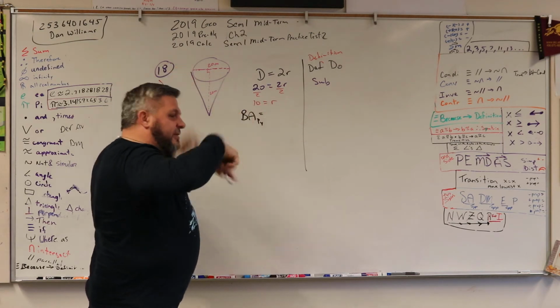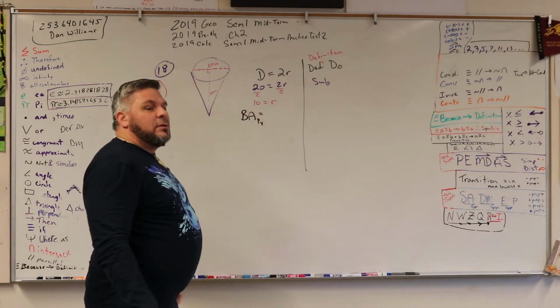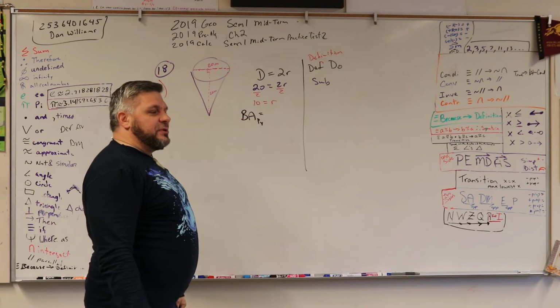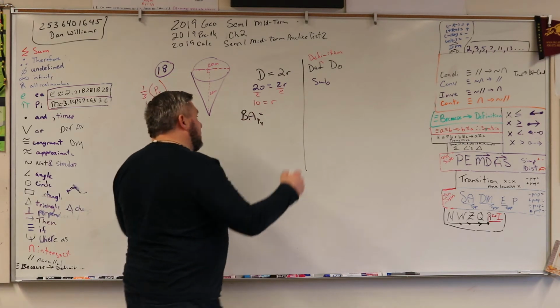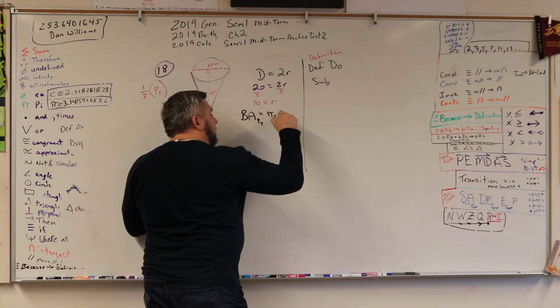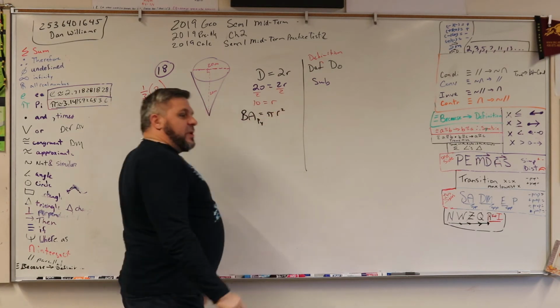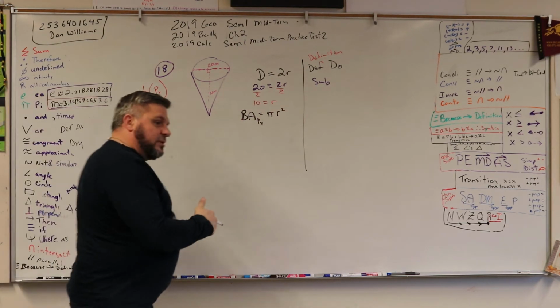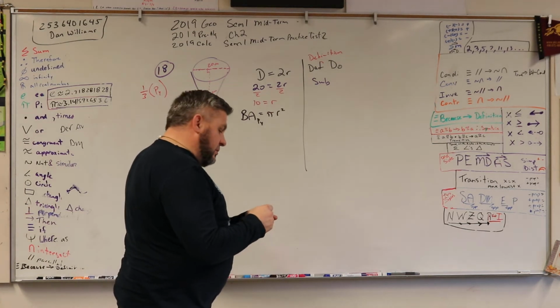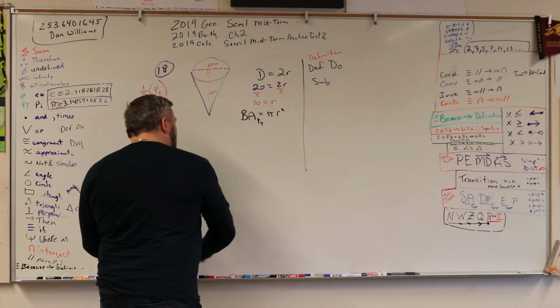So what's the area of a circle? 360? No, that's how many degrees are in a circle. The area of a circle. Pi r squared. The whole purpose of getting r is so that we can plug it into the area of a circle.